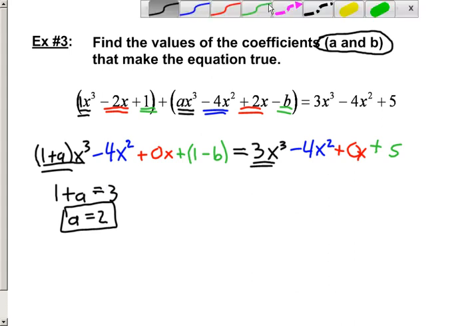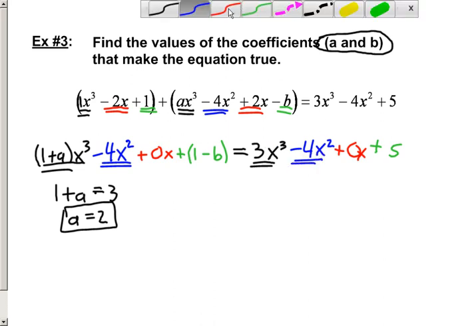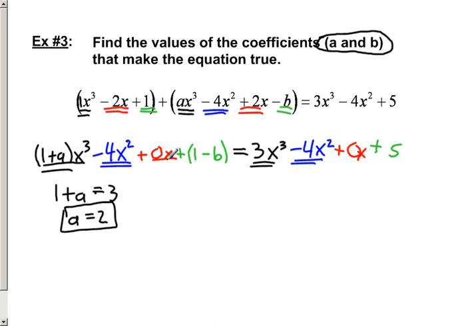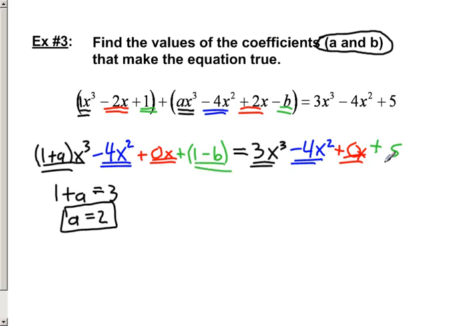Our x squared terms already match up. Negative 4x squared equals negative 4x squared. That's good. It should. Our x terms also already match up. 0x equals 0x. And now, in order for this to be true, we need our constant terms to match up as well.